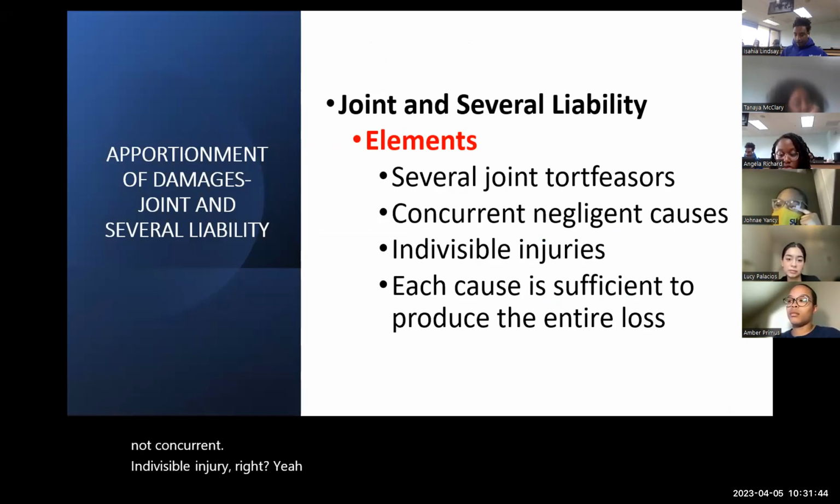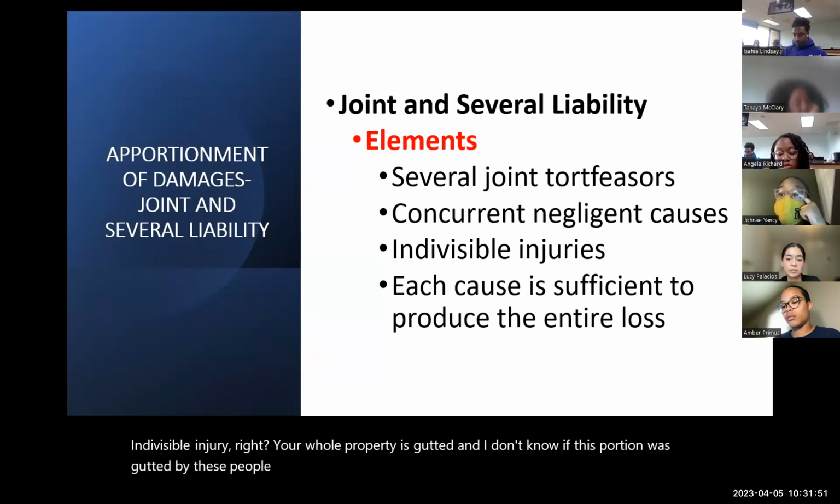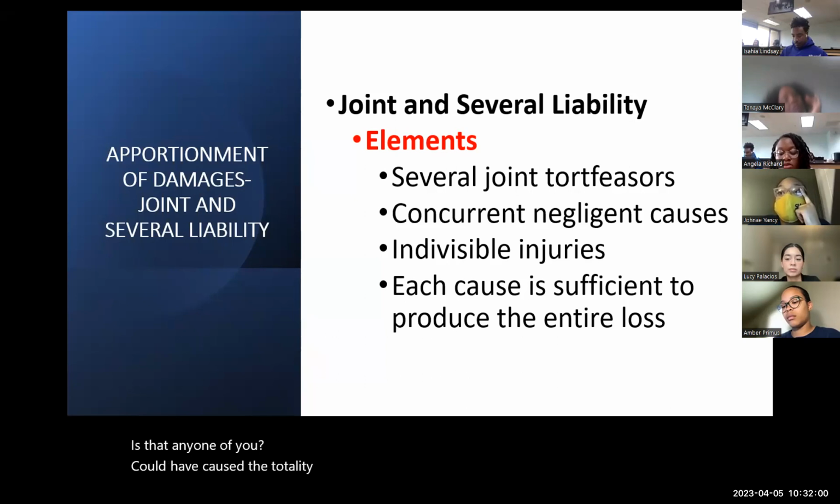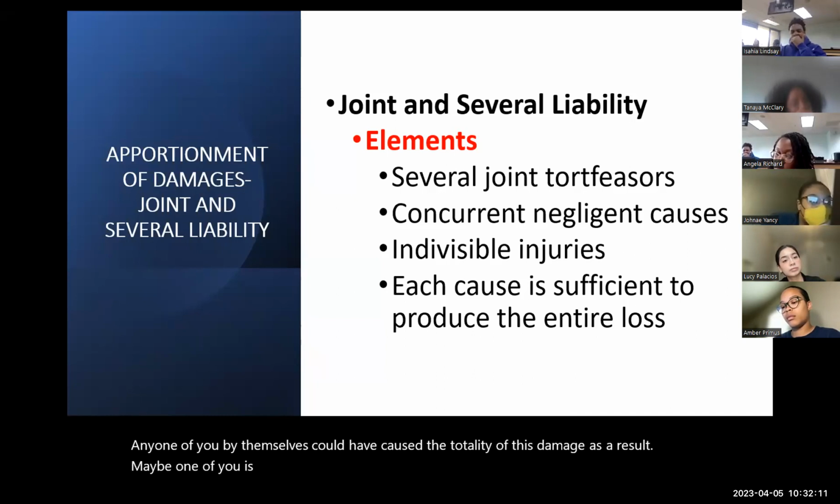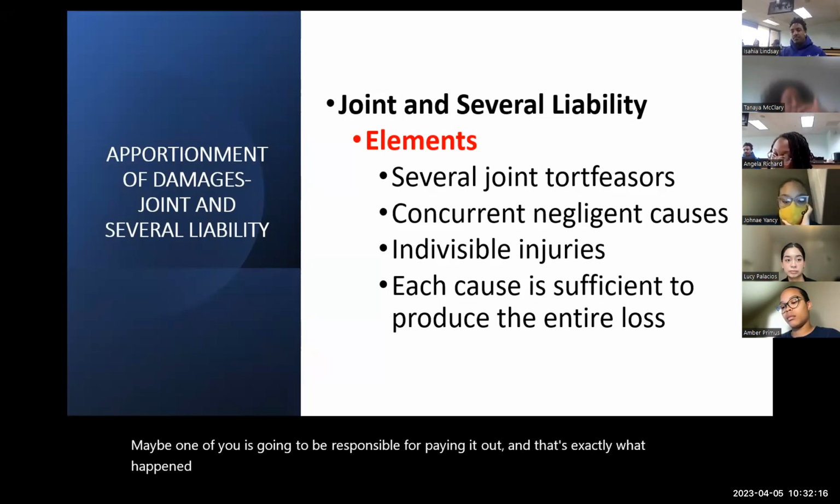Your whole property is gutted. And I don't know if this portion was gutted by these people or if this portion was gutted by those people. What I know is that any one of you could have caused the totality of this damage. Any one of you by themselves could have caused the totality of this damage. As a result, maybe one of you is going to be responsible for paying it out. And that's exactly what happened in the Carolina case.